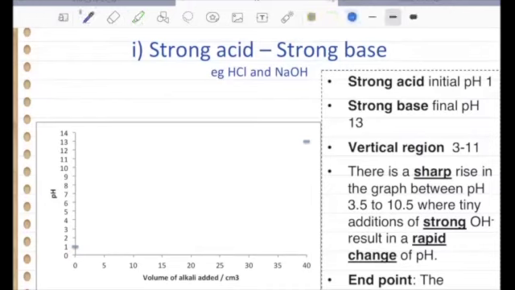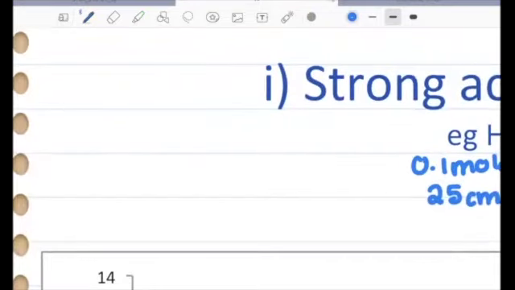Assuming, as mentioned in your notes, the acid is 0.1 mol/dm³, and we are using 25 cm³ of acid, and our base in the burette is 0.1 mol/dm³. So the first and foremost thing you should do is find the neutralization volume, or volume at neutralization.